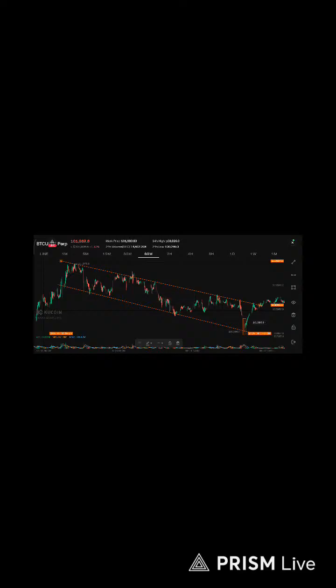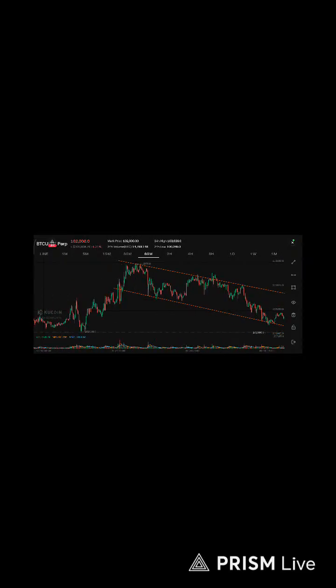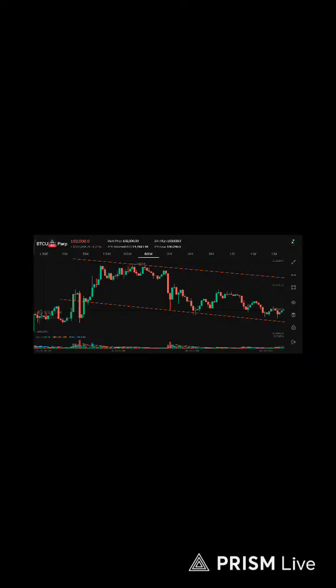Now, if you should observe, the market reached a resistance level at 111,975 per 1 BTC. This is what I'm trying to say. This was the support zone, right?